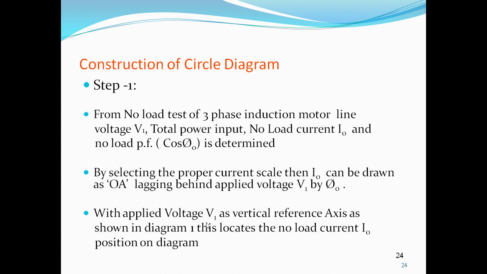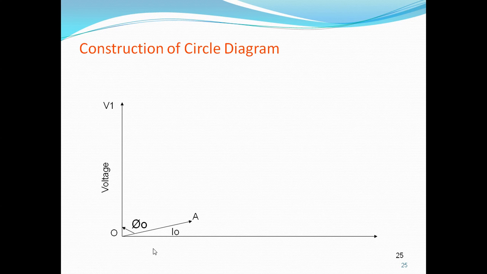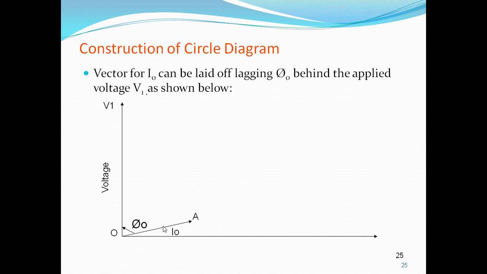With the applied voltage V1 as vertical reference axis as shown in the figure, this locates the no load current I naught position on the diagram. So see here, first we have to draw OA. This is I naught, which lags the V1 by phi naught.